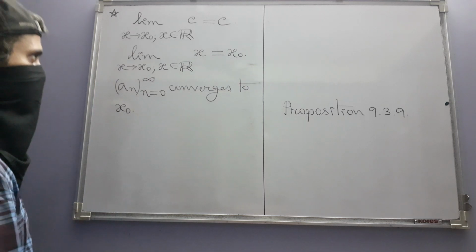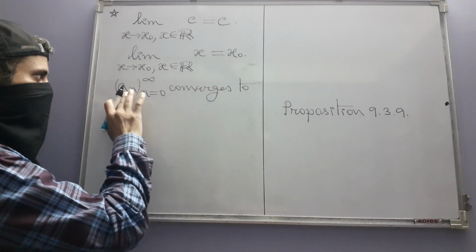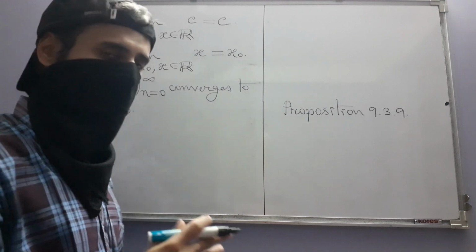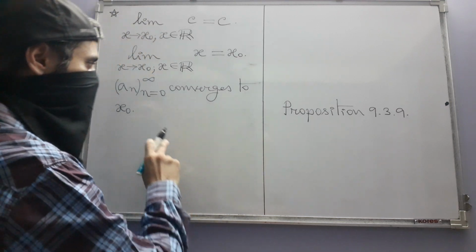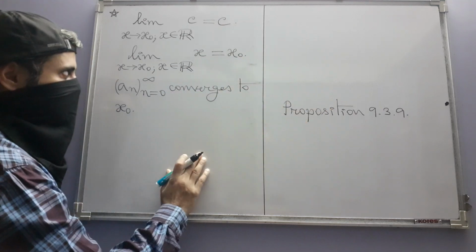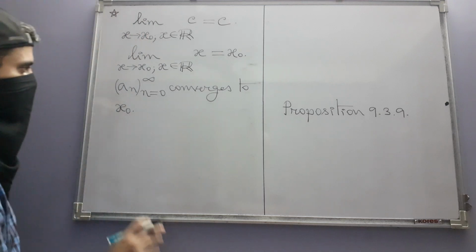Then if we can show that the functional values of these sequential terms under this function give us a sequence that converges to c, then by this proposition the limit will exist and it will be c.